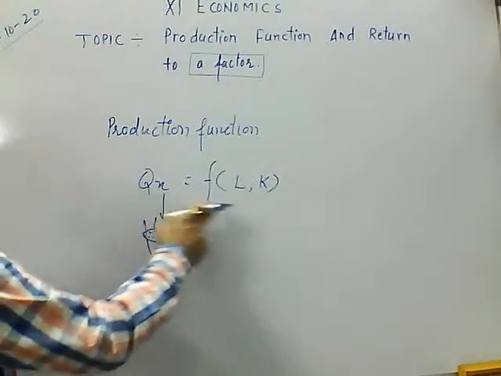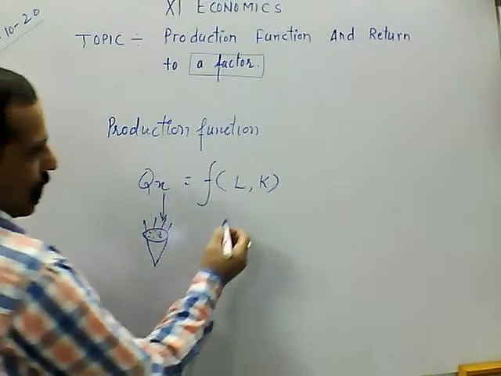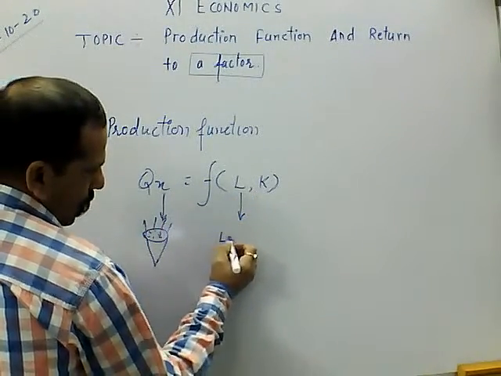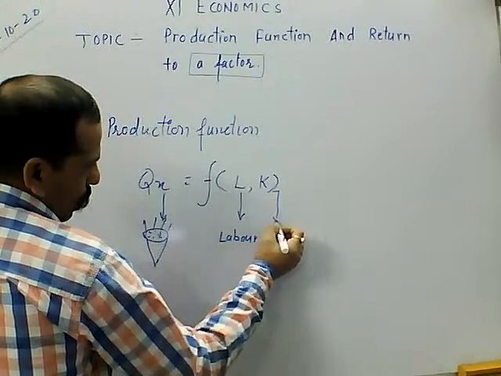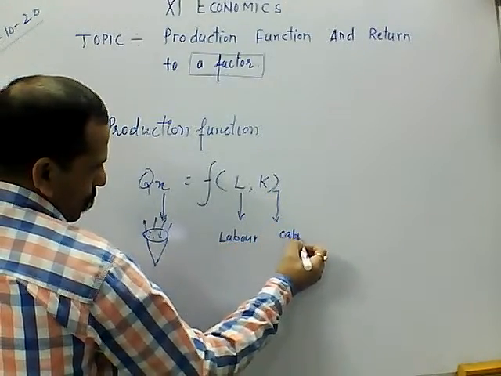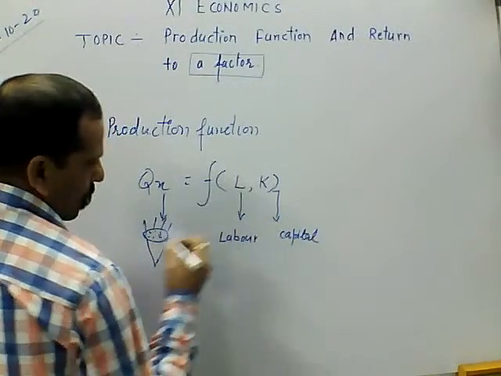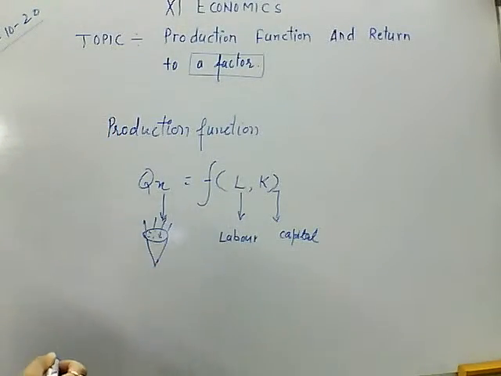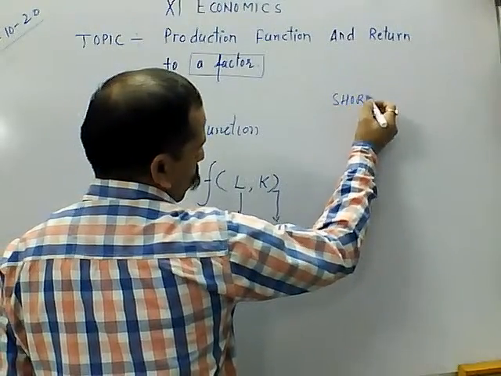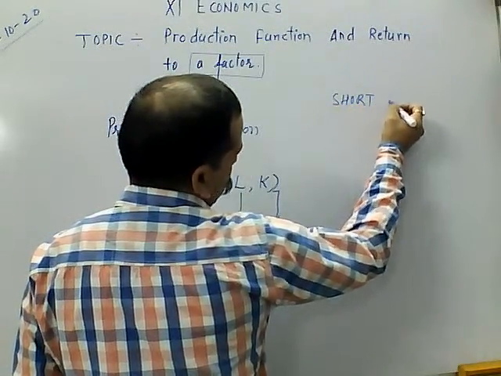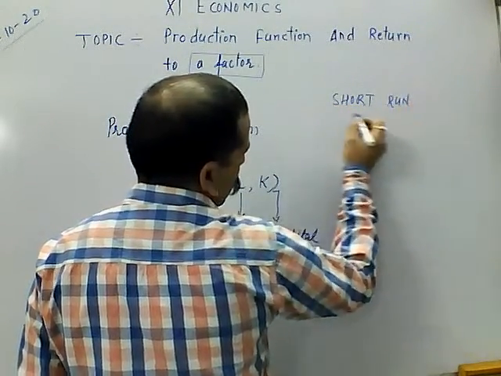So here two things we are taking. One is L for labor. I told you L for labor and K for capital. So this is a short run production function. Okay, shorter period of time. Short run.